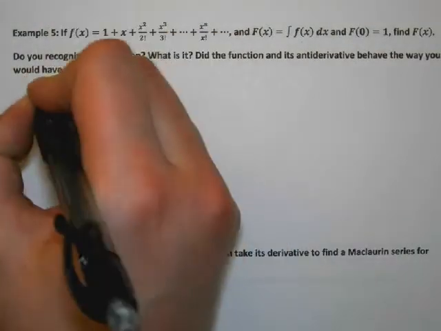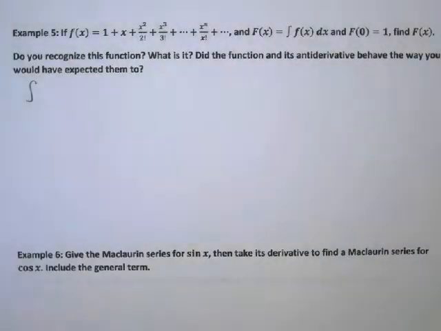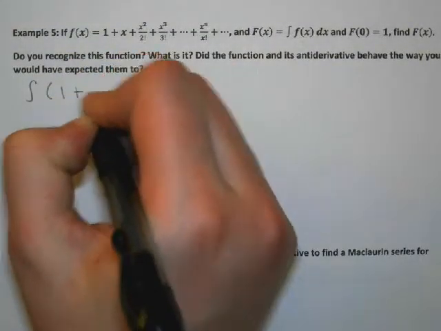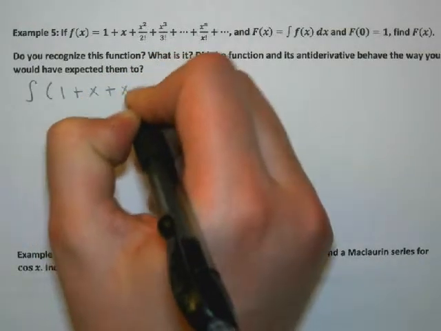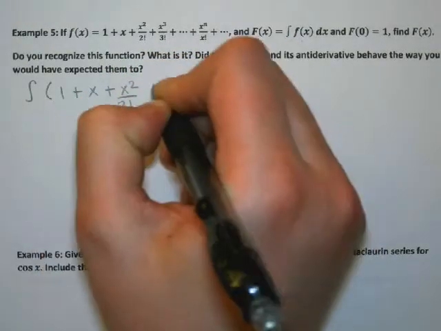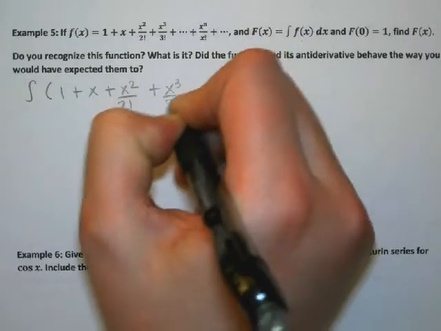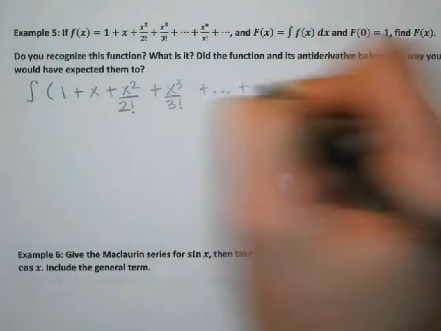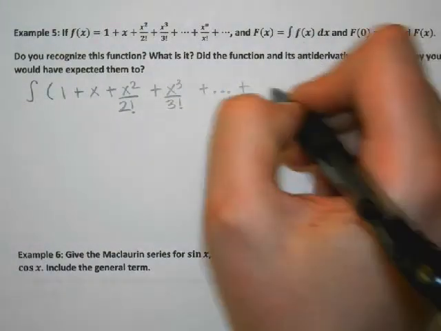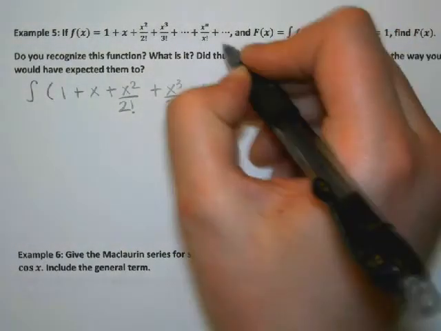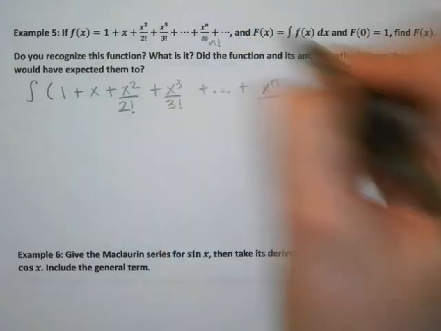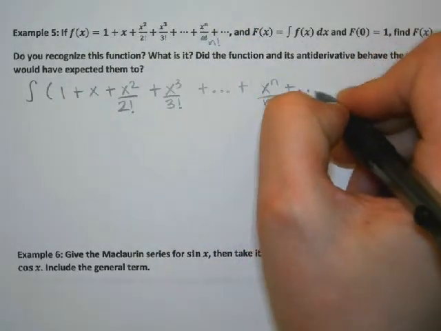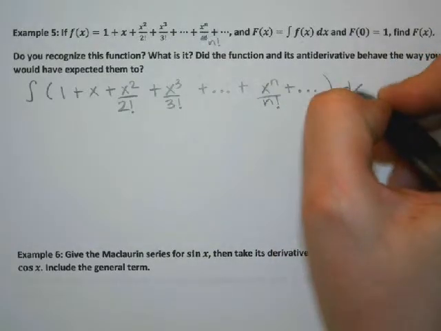We're going to take the antiderivative of 1 plus x squared over 2 factorial plus x to the third over 3 factorial plus ... x to the n over, a typo again, n factorial. I copy-pasted my typo. So that's unfortunate. And then dx.